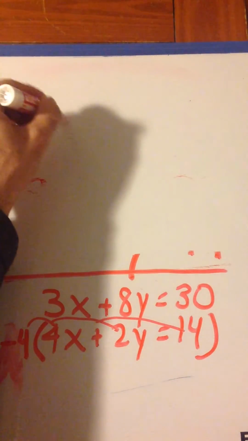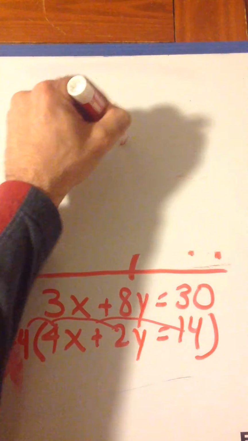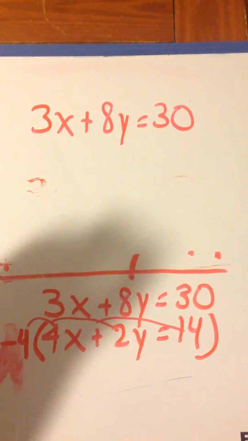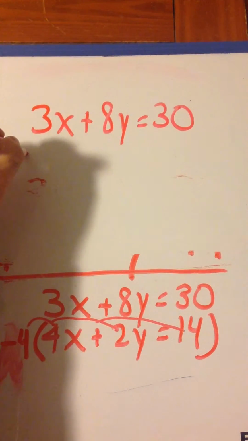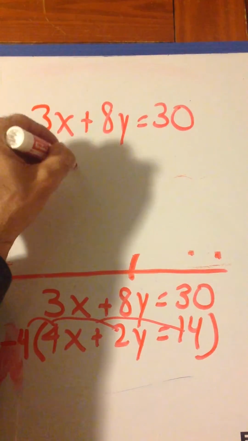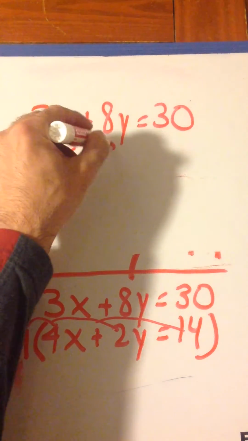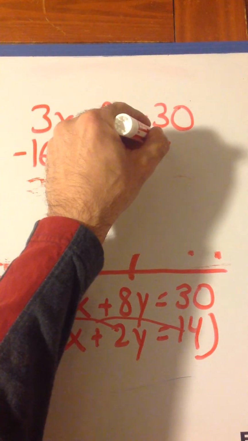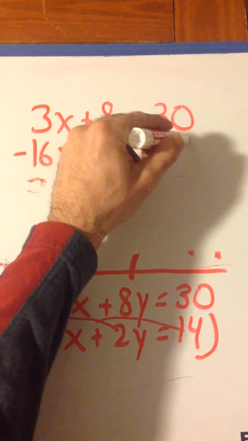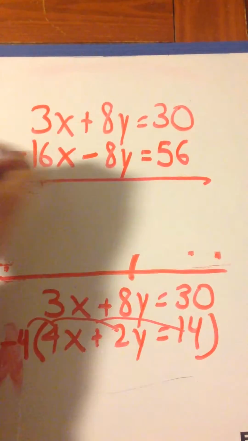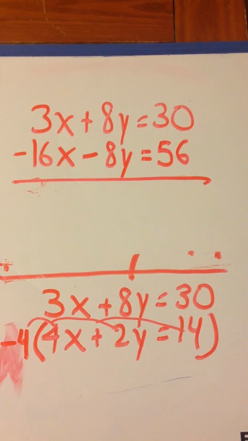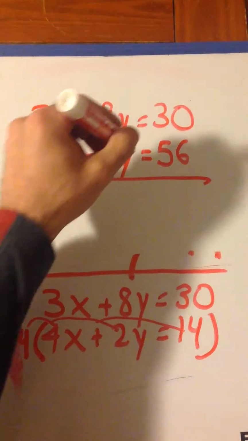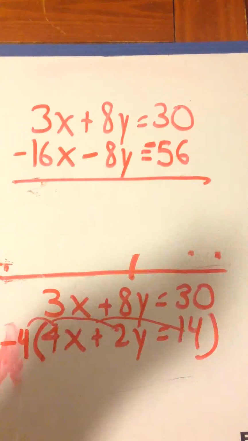So let's write it on the top. We have 3x plus 8y equals 30. And then if I distribute the negative 4, I'm going to have a negative 16x minus 8y equals negative 56, because 4 times 14 is 56.